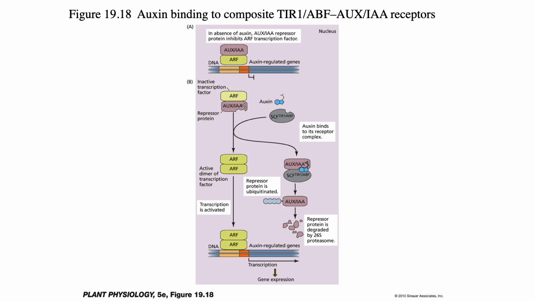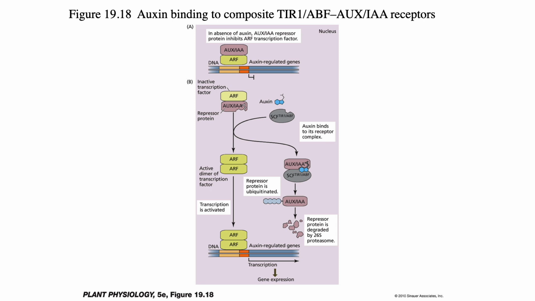Once this has occurred, the auxin-bound receptor complex can bind to the AUX-IAA of the AUX-IAA-ARF complex, causing the AUX-IAA protein to fall off the complex and free up the ARF transcription factor. This allows the ARF transcription factor to bind with another free ARF transcription factor to form an ARF dimer. In this dimeric form, it can bind to the DNA and activate auxin-regulated gene expression.